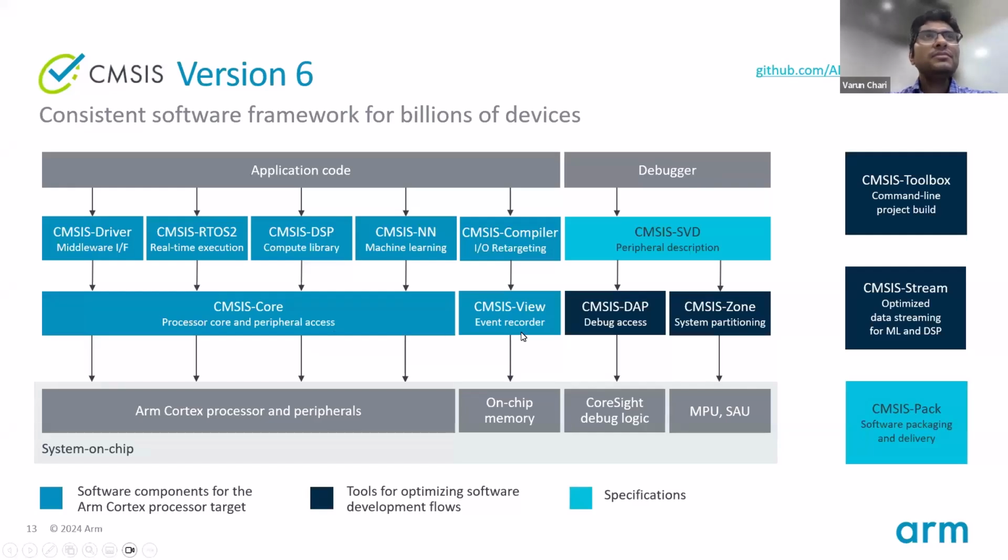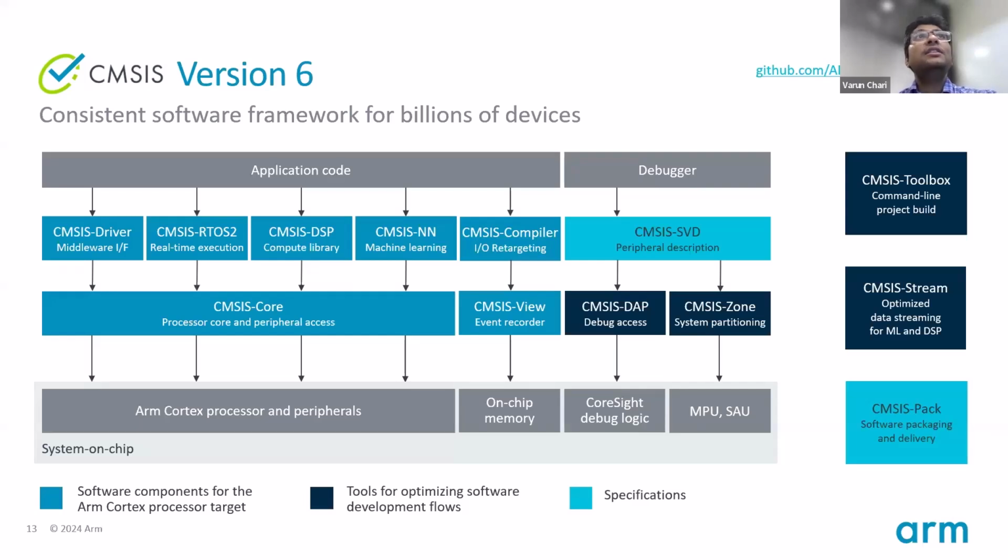So the silicon provider just needs to provide their implementation, and the application code is agnostic to the way the silicon provider is implementing the peripherals. They just have visibility to the API that is exposed by the CMSIS components, and they can easily start developing.